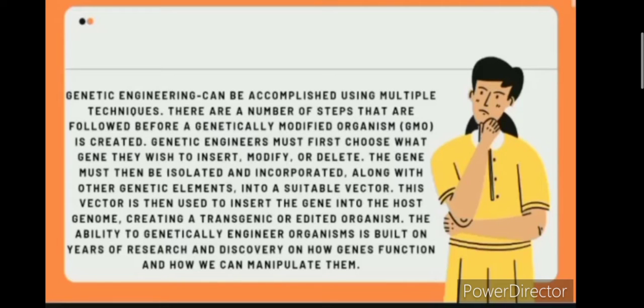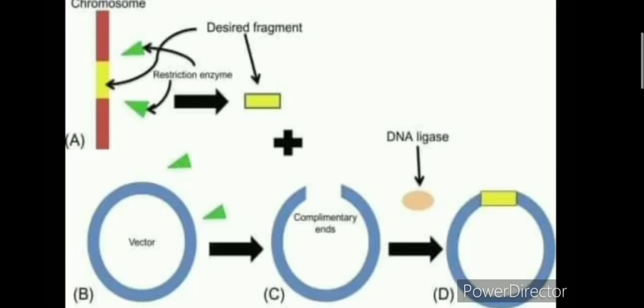The ability to genetically engineer organisms is built on years of research and discovery on how genes function and how we can manipulate them. Important advances included the discovery of restriction enzymes and DNA ligases and the development of polymerase chain reaction and sequencing.